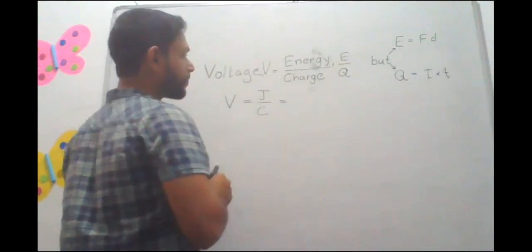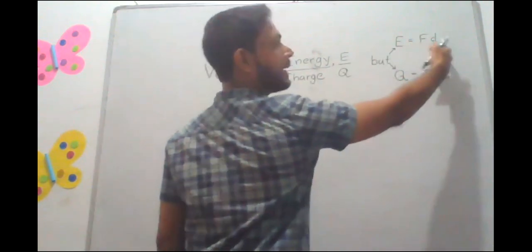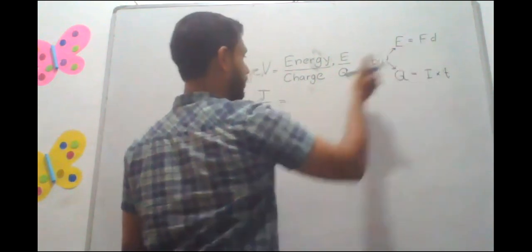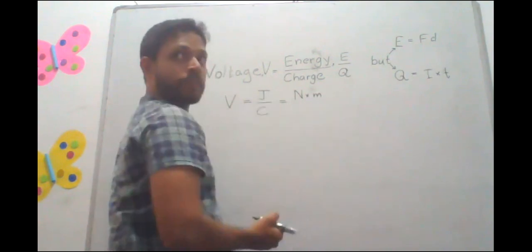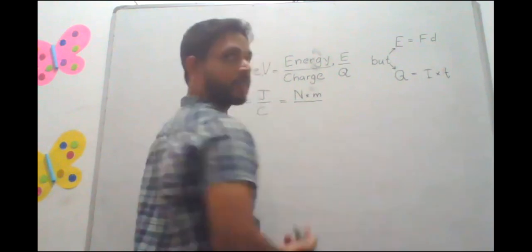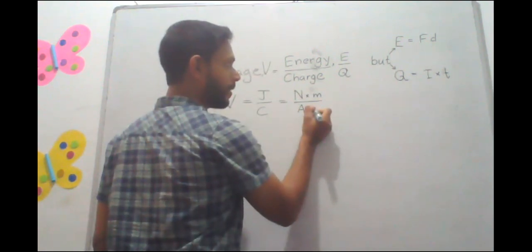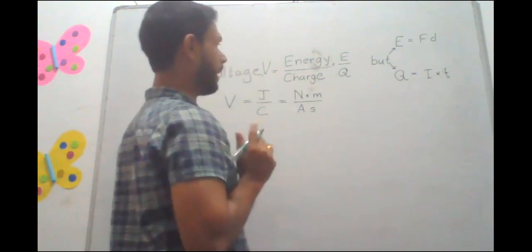So we will get joule as newton meter. That's correct, right? Because force is measured in newtons. So I take it as newtons times meters. That is joule. And coulomb as ampere seconds. That's correct, right? Ampere seconds. Right.